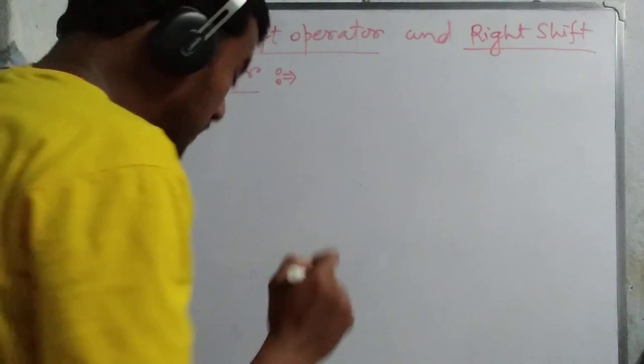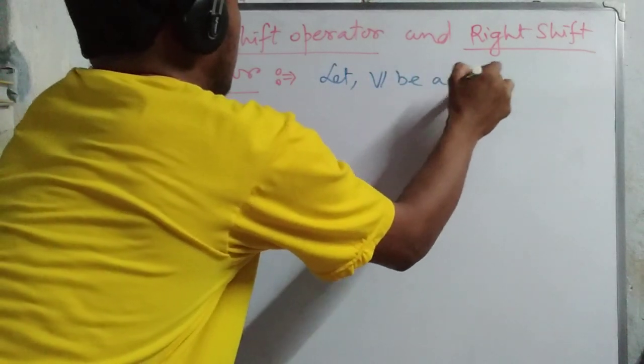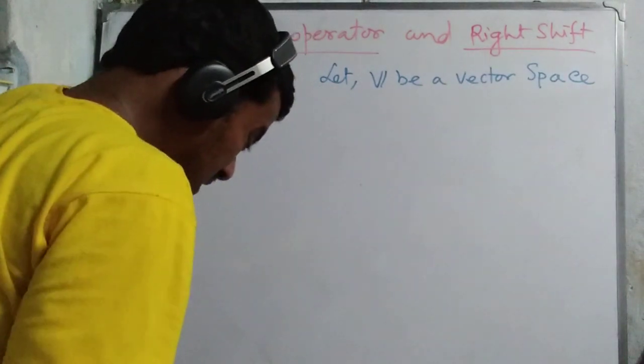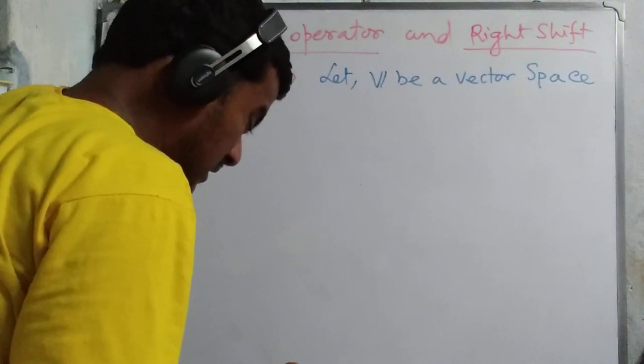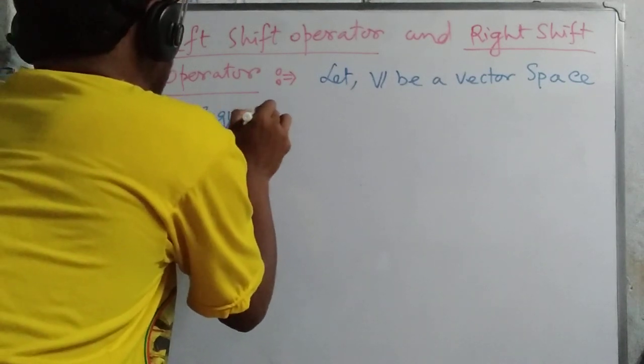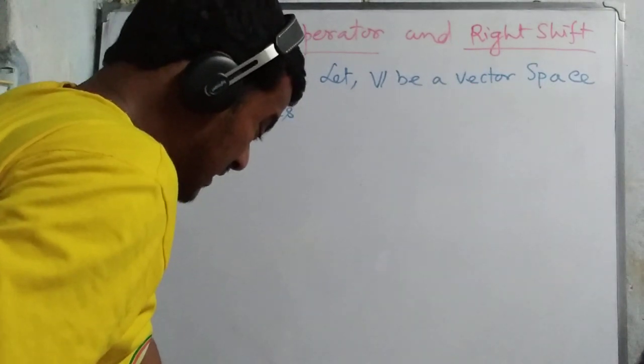Let V be a vector space of sequences, and obviously described.